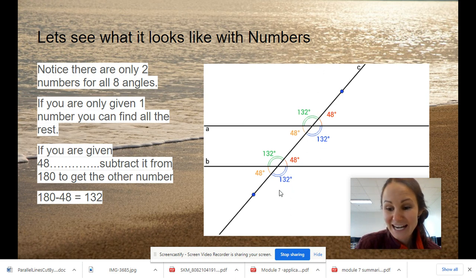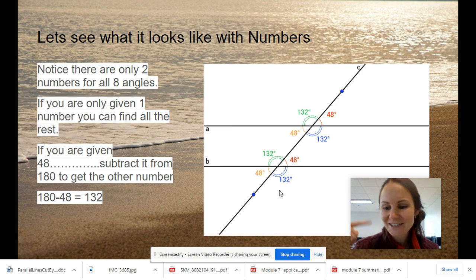If I was trying to get that other number, say they only give me 132 in this picture, I could use subtraction from 180 to find that other angle. Okay, because I know the green 132 is next to, you can either look at the yellow or the red, next to that other angle, making them supplementary because they form a line.